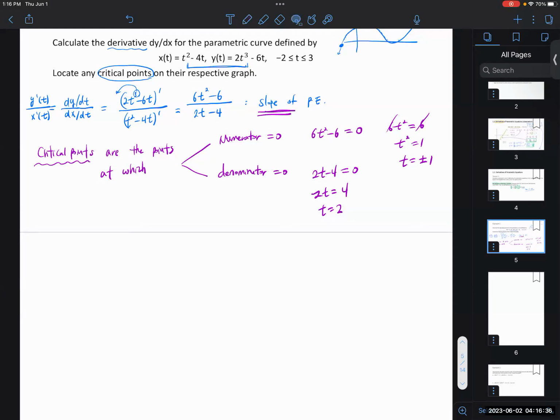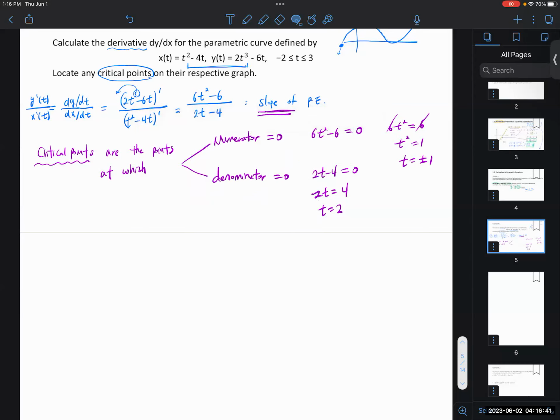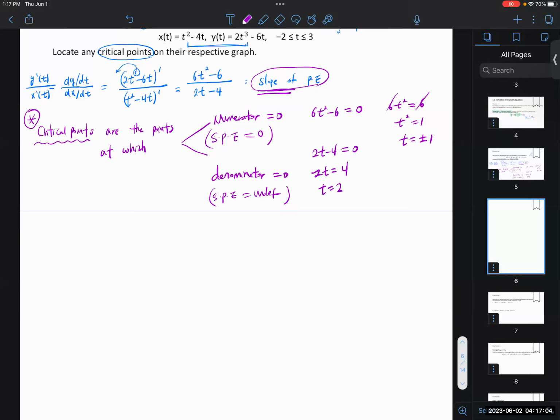Let me write that, because you want to know what that means again. Numerator equal to 0 means the slope of the parametric equation is equal to 0. Denominator equal to 0 means the slope of the parametric equation is undefined. So we have two cases, if you remember, from calculus 2.